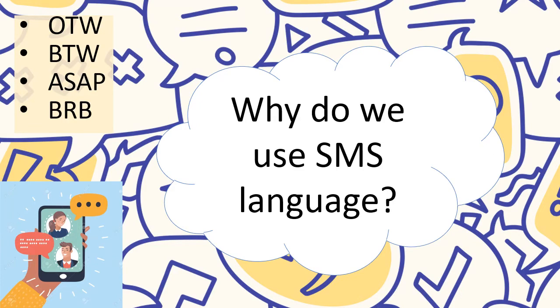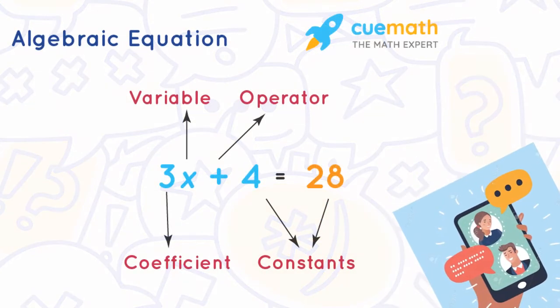Okay, in algebra, there is also something like SMS languages, and they are called algebraic expressions and equations. We have variable, operator, coefficient, constant, and grouping them together, it can be an algebraic equation.